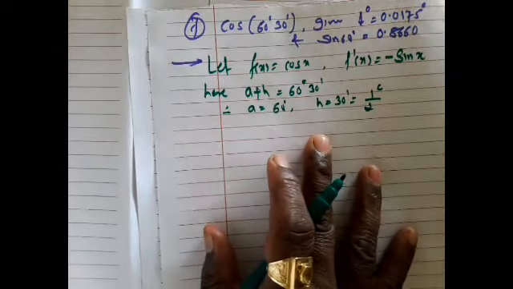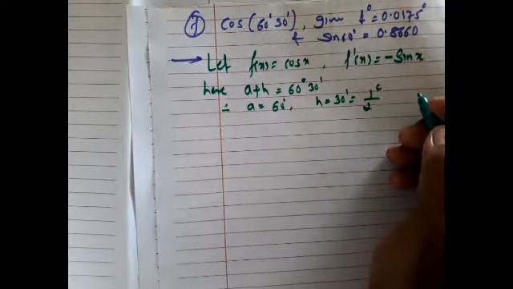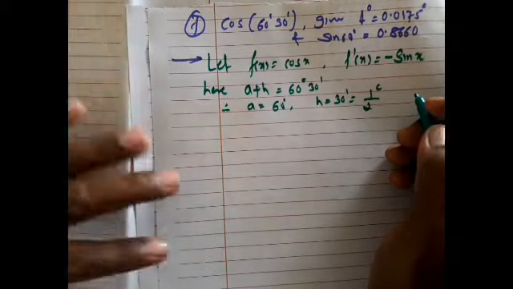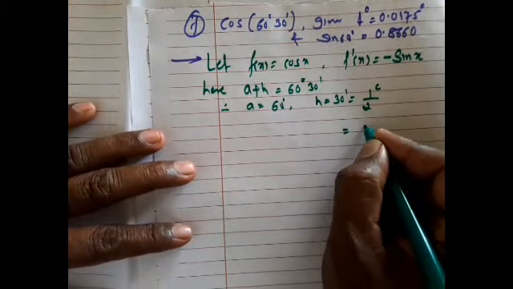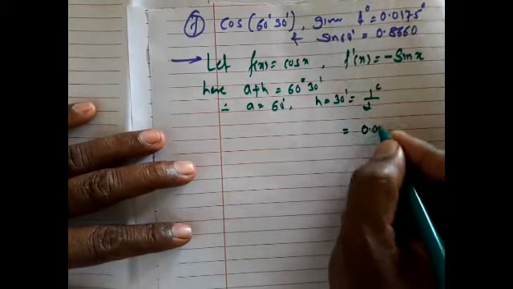That is a half degree, which is equal to 0.0175 upon 2. So what is h? h is 0.00875 radian.